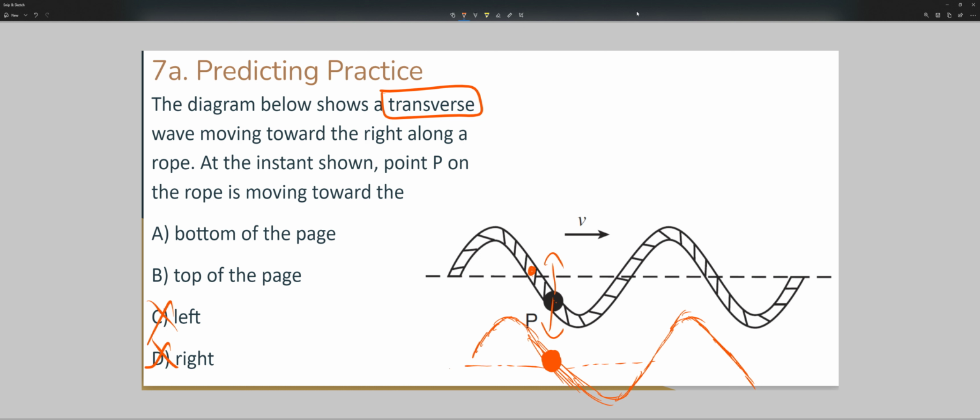I'm going to draw our equilibrium line right here, and you can see the particle was originally over here on this wave. Now as the wave moves to the right, the particle follows the line of the wave, and the particle is moving up because its new position is over here as time goes on. Again, the wave is moving, and the particle really only follows the path of the wave, rather, it goes along the line of the wave.